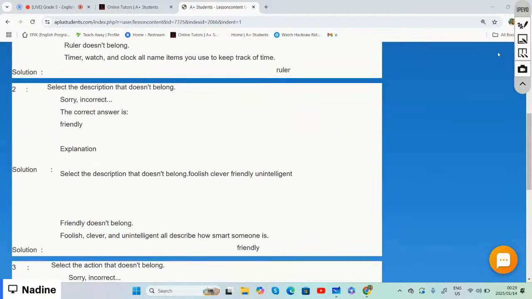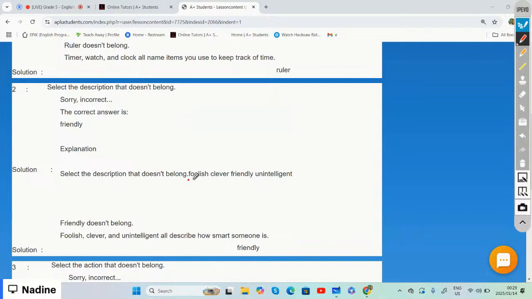We need to select the description that does not belong. We have words like foolish, clever, friendly, and intelligent. We need to select the word that does not belong.